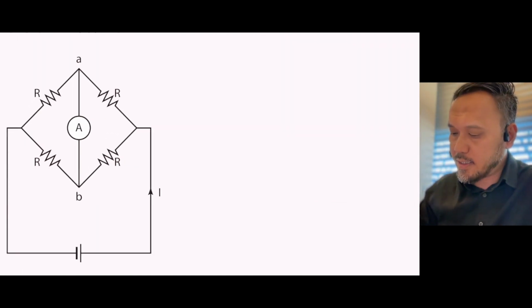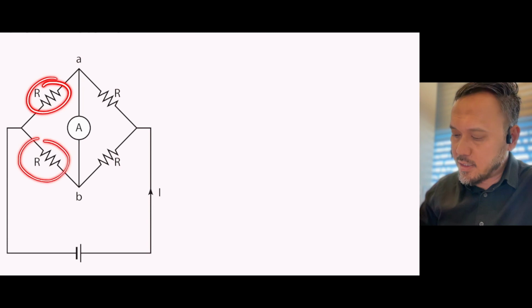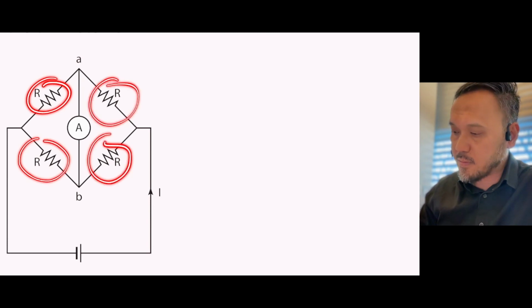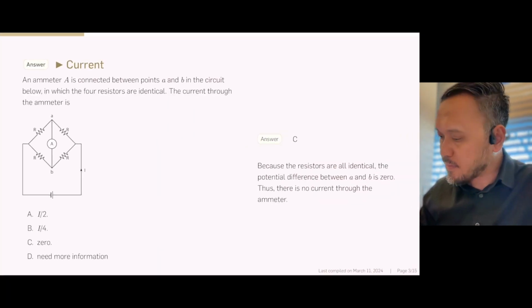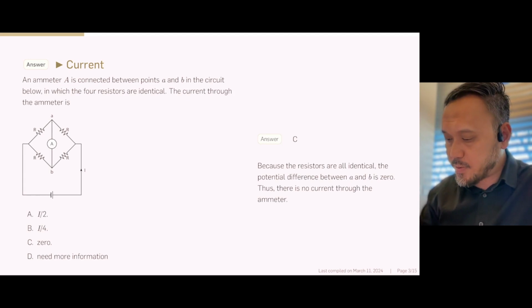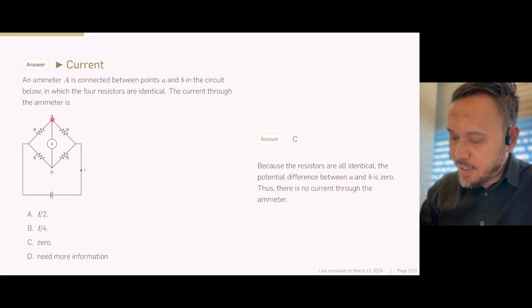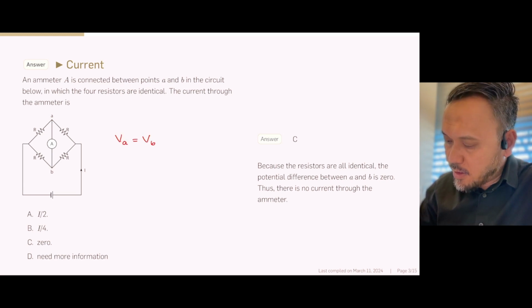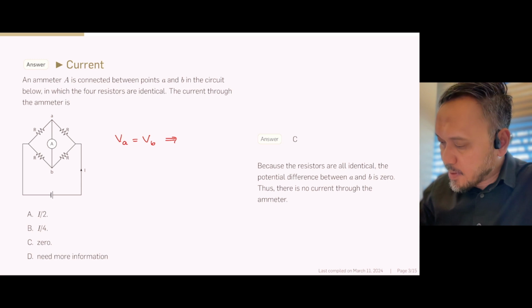Again, all resistors are the same, so all the potential drops are symmetric on the circuit, and VA is equal to VB. If you go through it carefully, VA is equal to VB. Consequently, the current between A and B is equal to 0.